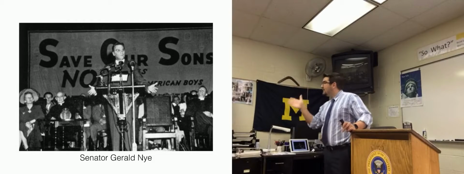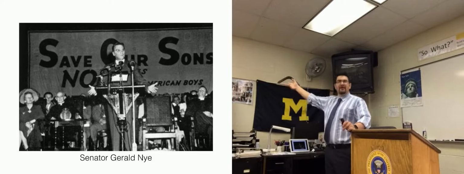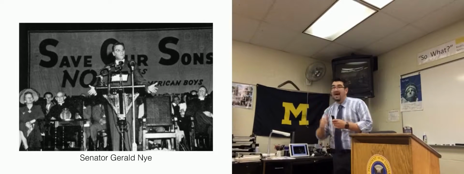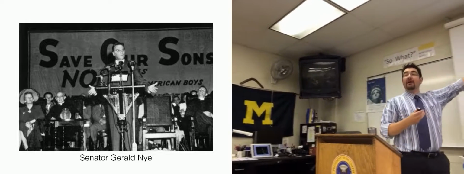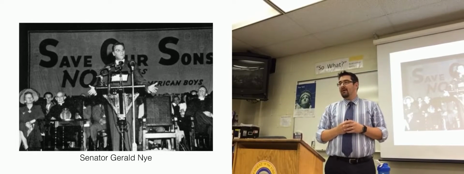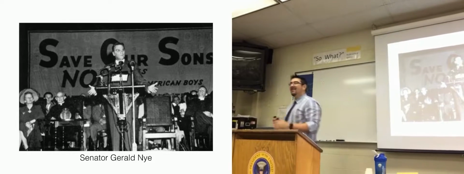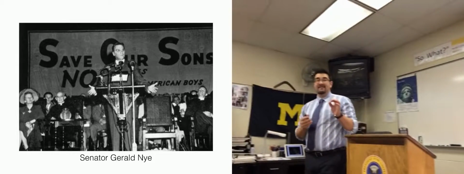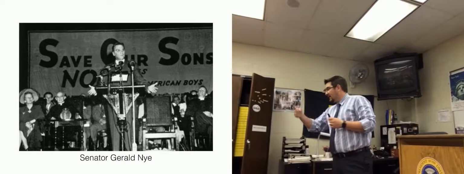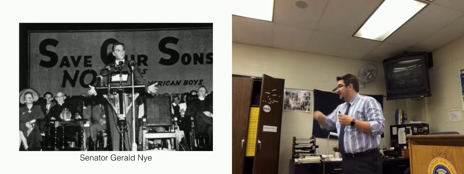We tried to do the same for Germany, but pretty soon we couldn't get stuff into Germany. Because of the nature of the war, our loans to Britain far outpaced our loans to Germany. And the Nye Committee said this gave the United States a vested interest. A vested interest means that if you get what you want, you have money in the game, right?